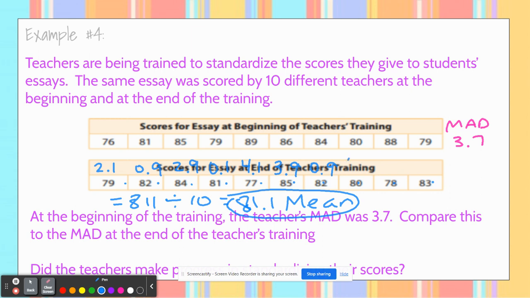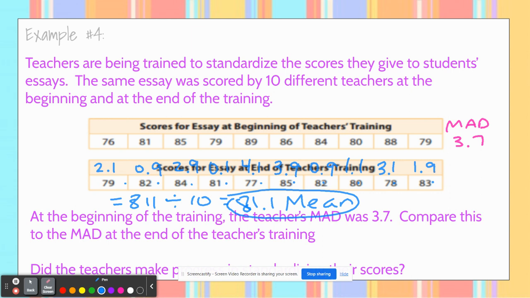The absolute value of negative 1.1 is positive 1.1. 78 minus 81.1 is negative 3.1. The absolute value of negative 3.1 is positive 3.1. And 83 minus 81.1 is 1.9, and the absolute value of 1.9 is 1.9.